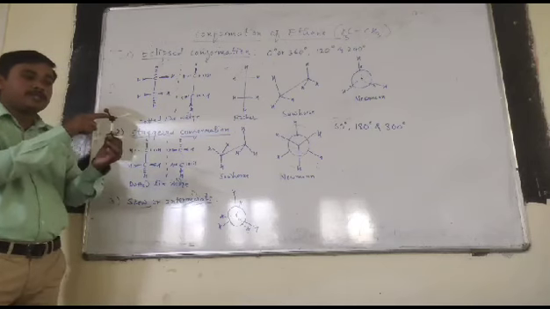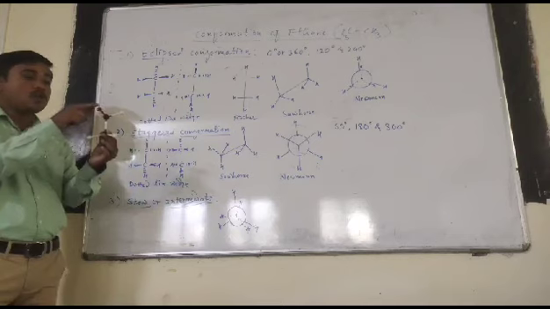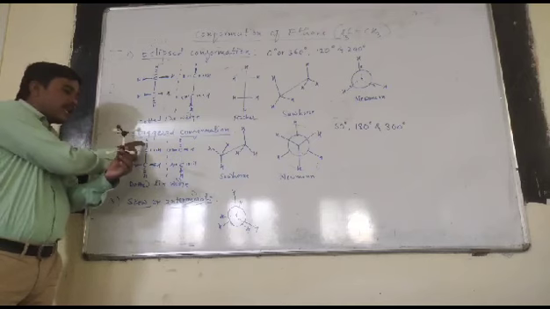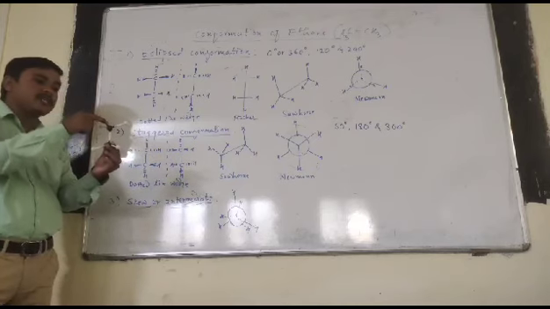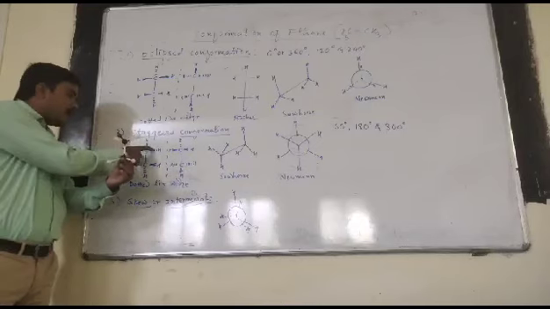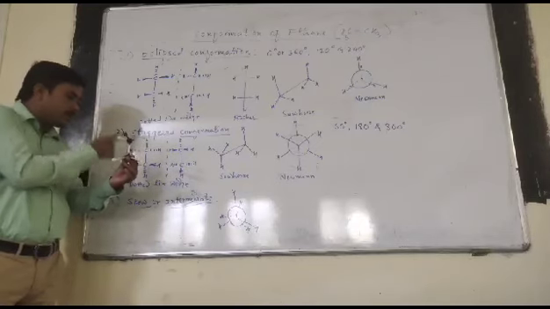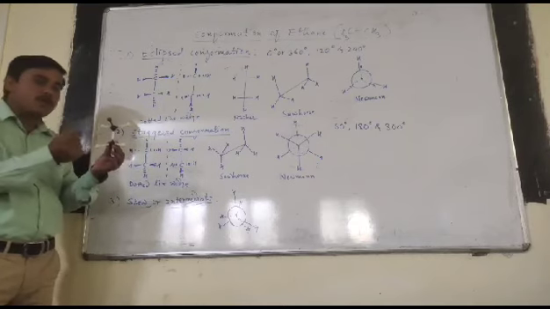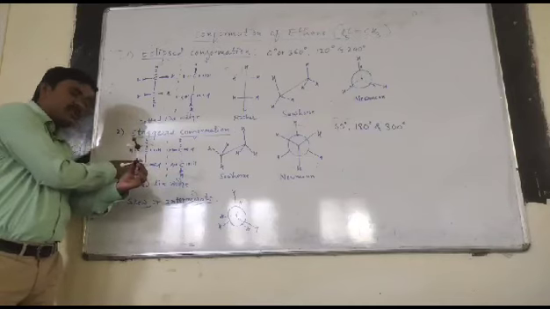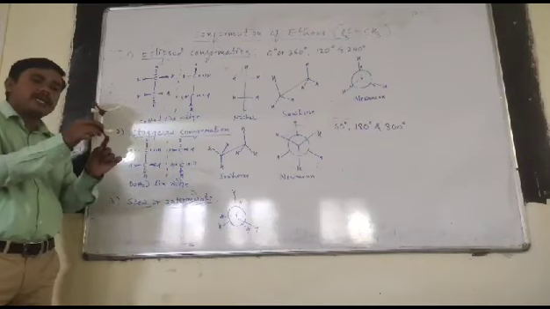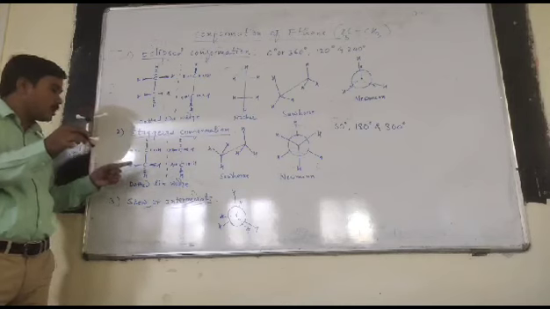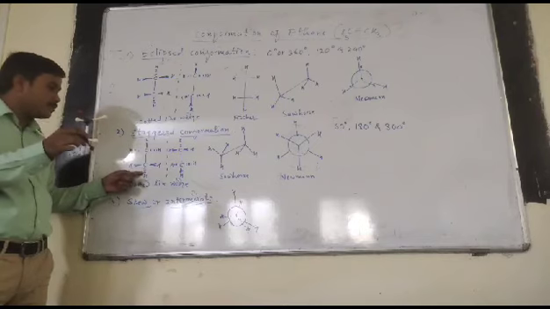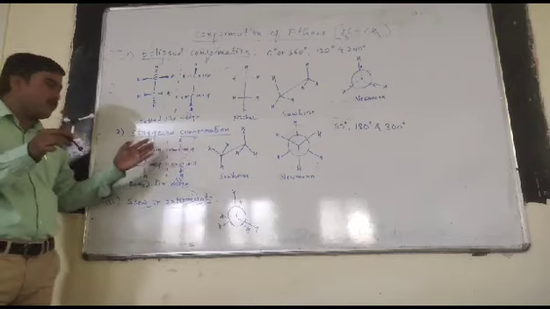This hydrogen atom, which is present above the plane of paper or towards the observer, is represented using the wedge line, and both hydrogen atoms which are present away from the observer can be represented by the dotted line. Similarly, the hydrogen atoms present towards the observer are represented using the wedge line, and this hydrogen atom which is present away from the observer is represented using the dotted line. This is the mirror image structure of the first.